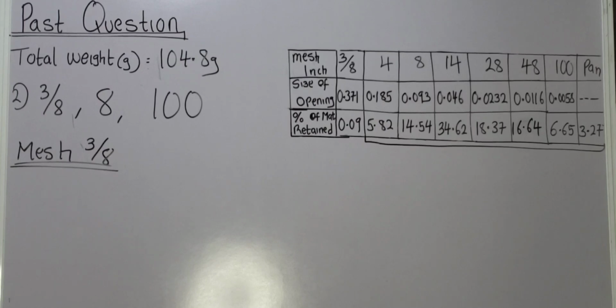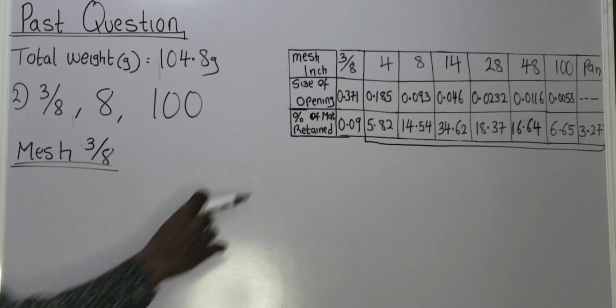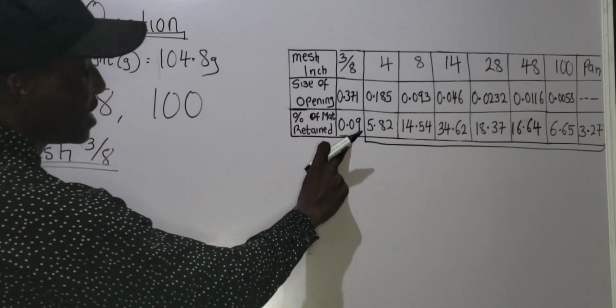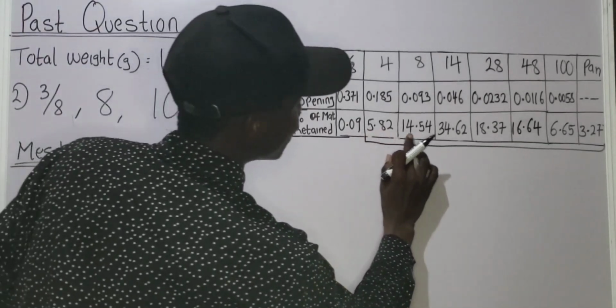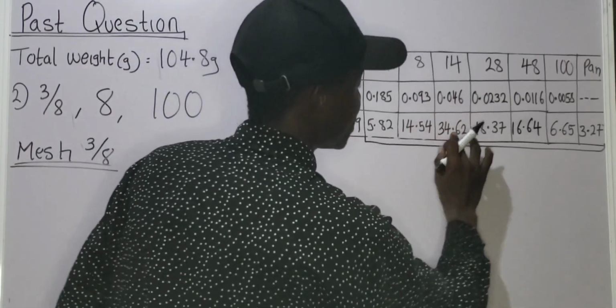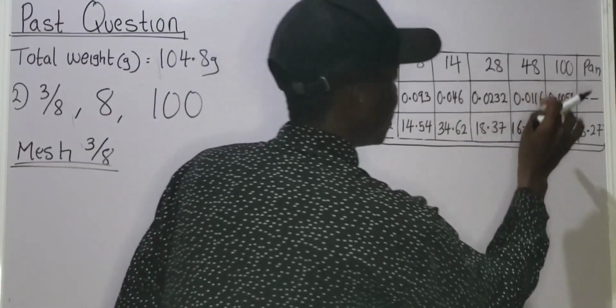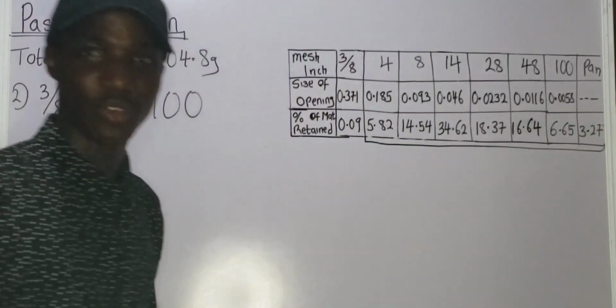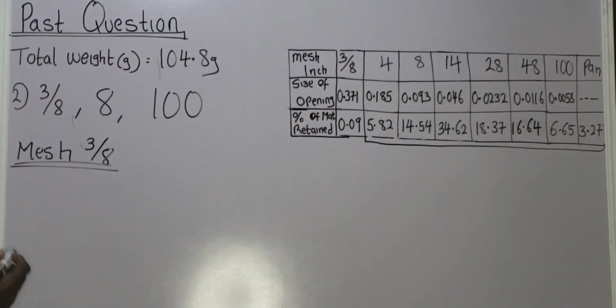Before we use other mesh, we have already used mesh 3/8. So we are going to add all these together: 5.82, 14.54, 34.62, 18.37, 16.64, 6.65, and 3.27. So that's what I'm going to do now.